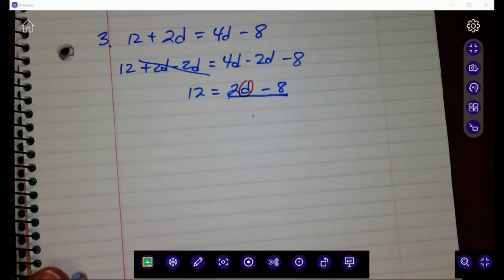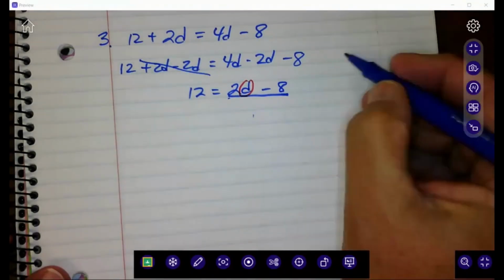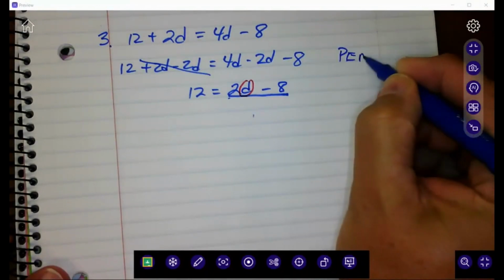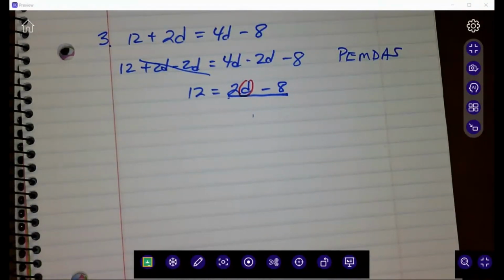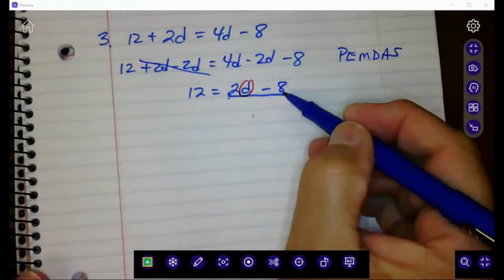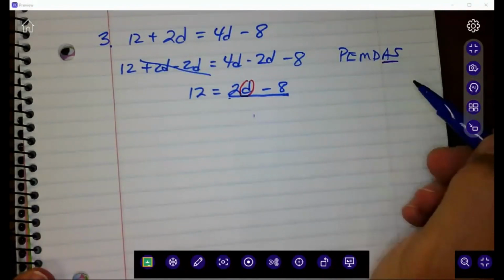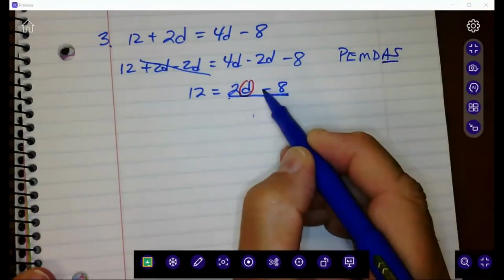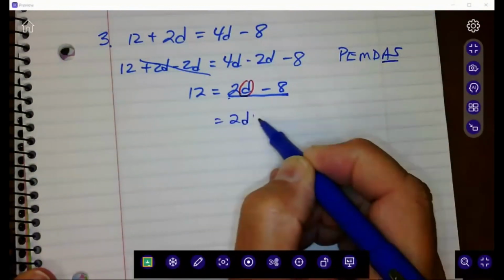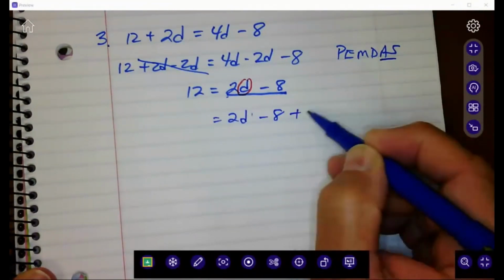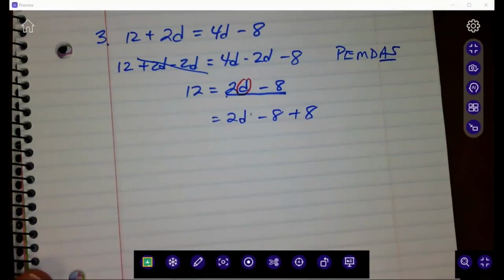Okay. Remember, please excuse my dear Aunt Sally. Once we get to this point where there's only one variable term, then we need to undo the things that are being added or subtracted first. So since we have a minus 8, I need to take 2d minus 8 and add 8.